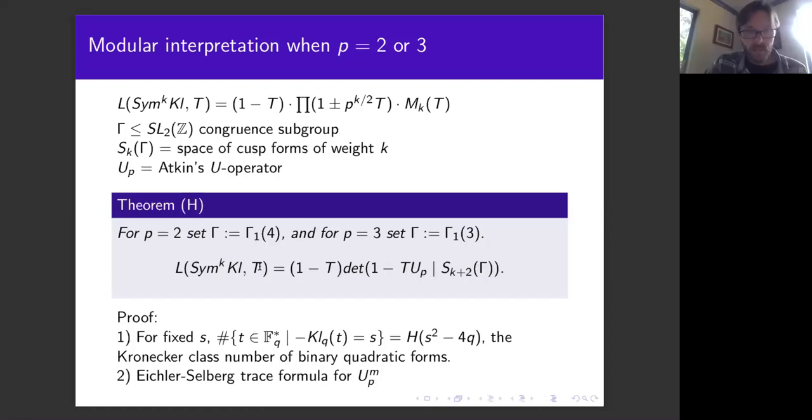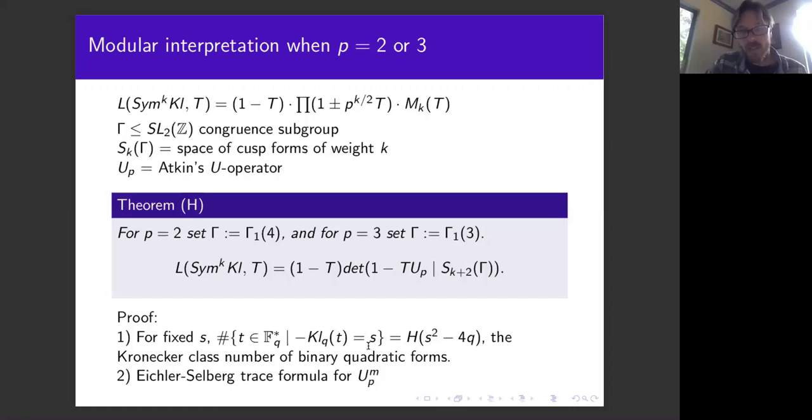Right. And so just to mention some of the ingredients for the proof of this theorem. One is that for a fixed S, if you let the parameter t change, how many Kloosterman sums are equal to this fixed number?